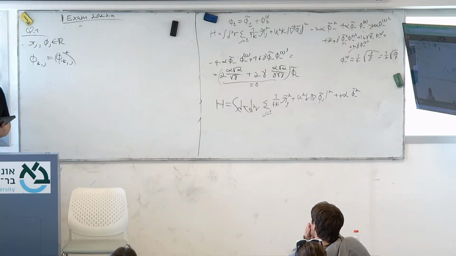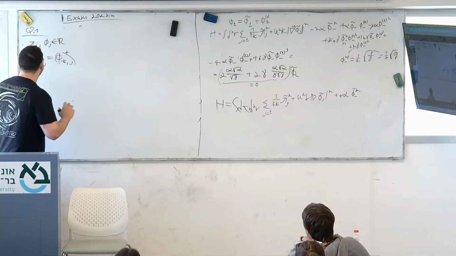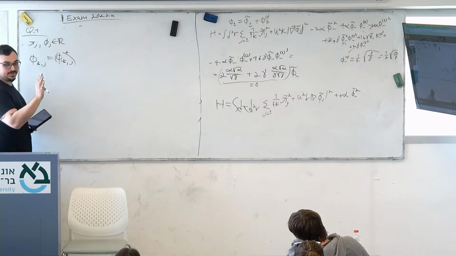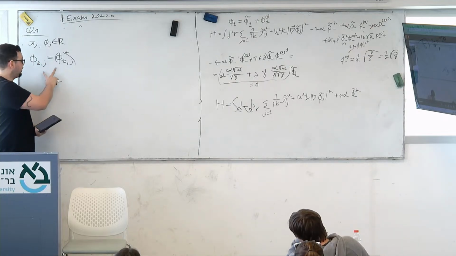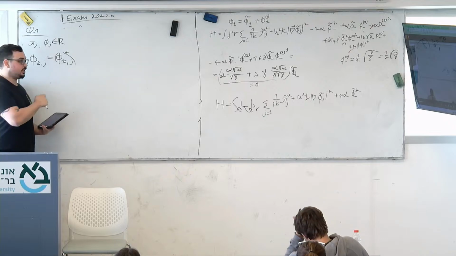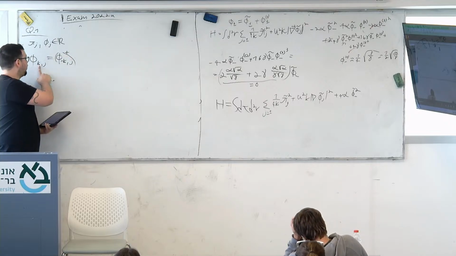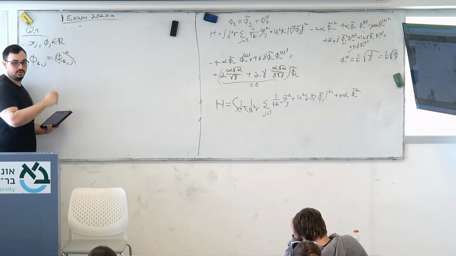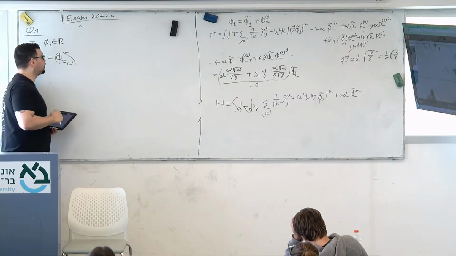The Fourier transform of a real function is, I'm pretty sure it's called symmetrical conjugate. Don't check me, I might be wrong. But it simply means that if you flip the index, it will be the conjugate. So phi of k is equal to phi of minus k conjugate.